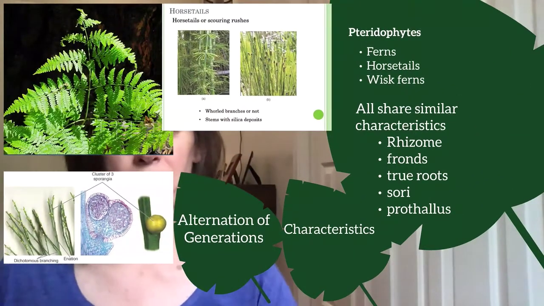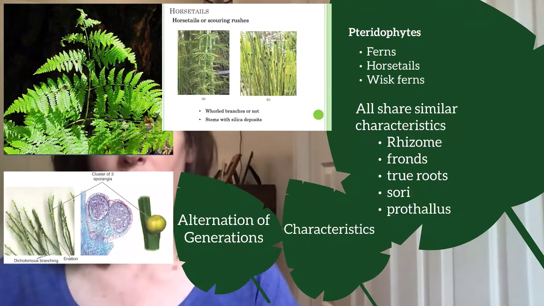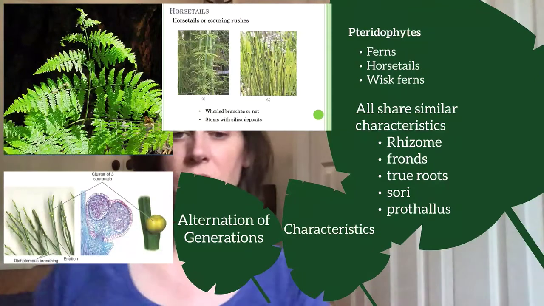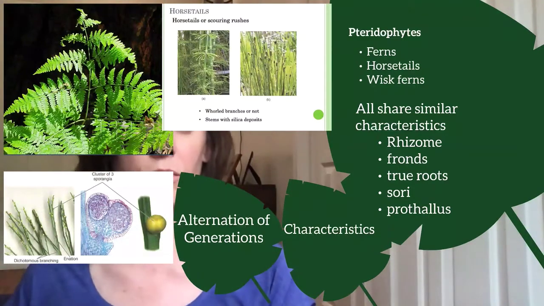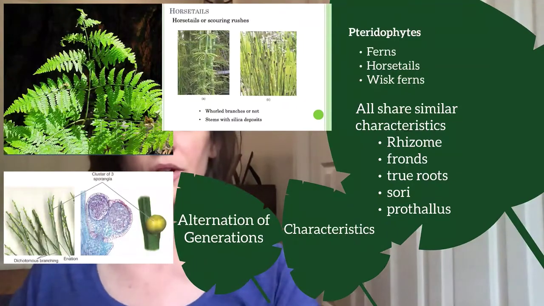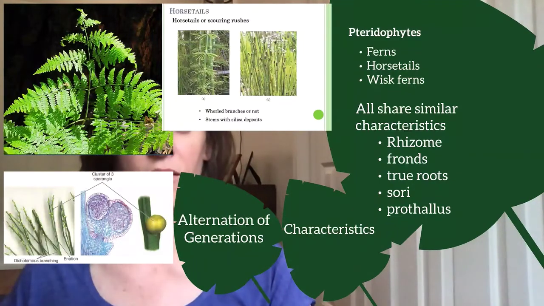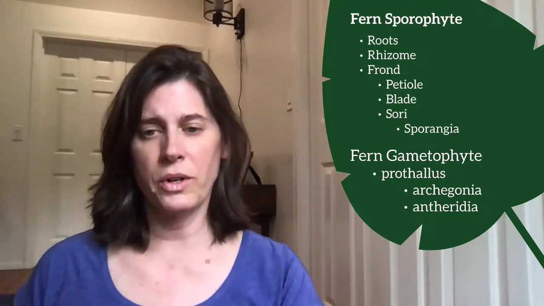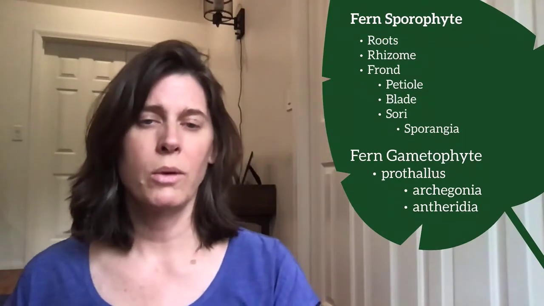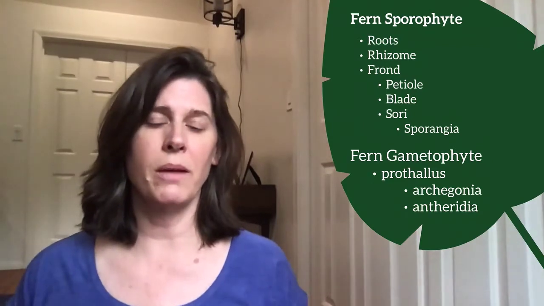I think the ferns are what we're more familiar with. All of them share similar characteristics: a rhizome, fronds, true roots, sori, and also a prothallus. And so we're going to look at that right here. Since ferns are more familiar to us, we'll use the fern as the example for all of these groups.